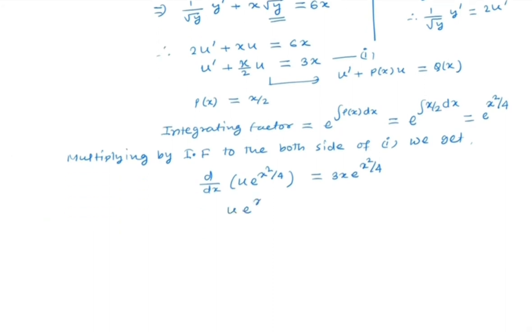So u times e to the power x square by 4 is equal to the integral of 3x e to the power x square by 4.